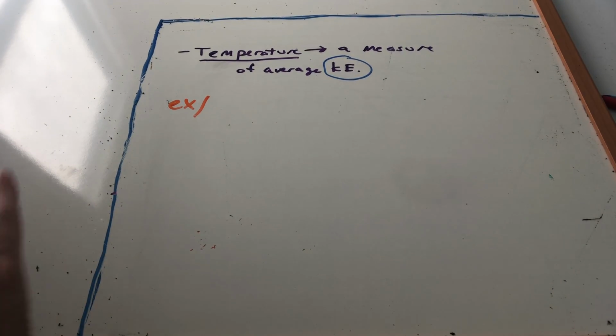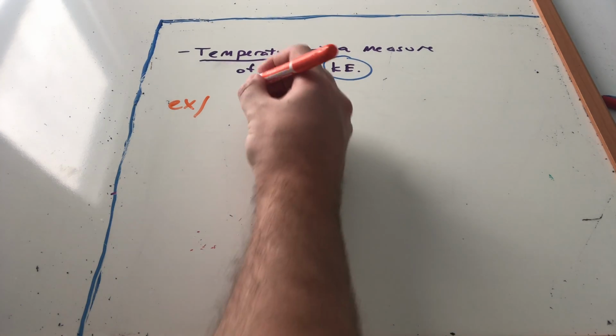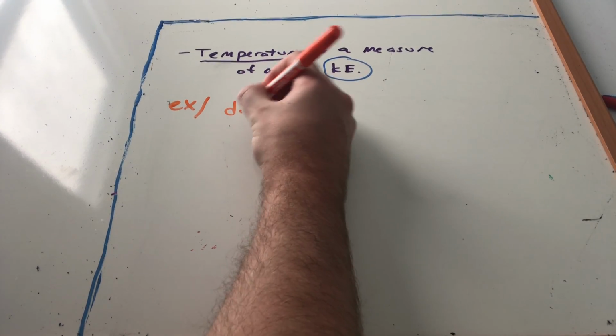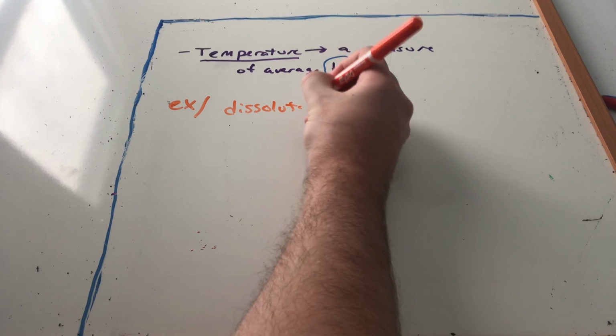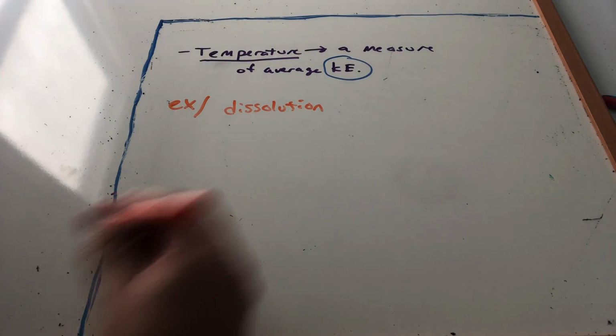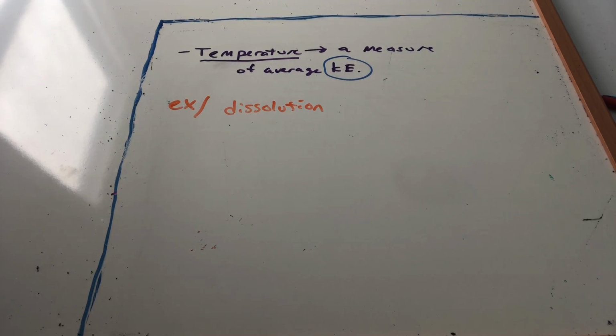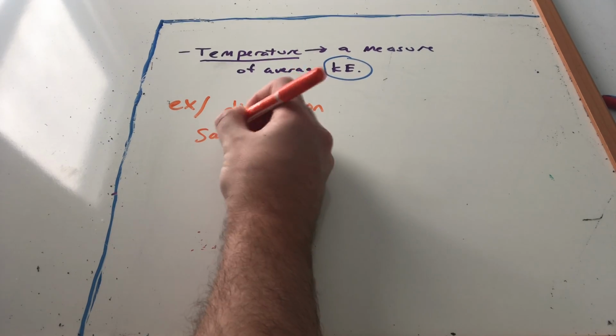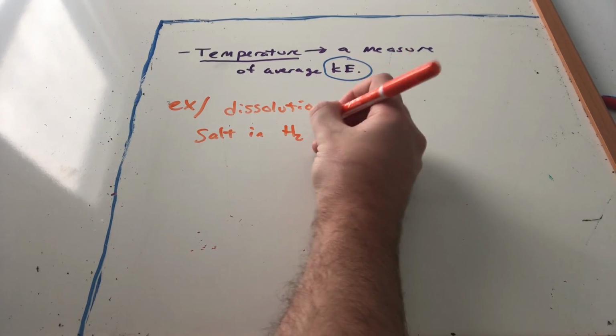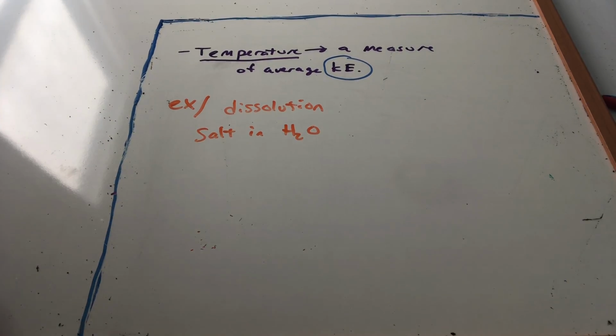Now we're not talking about a solid, liquid, and gas state, but I do want to talk about dissolution. Remember we talked about the physical change of putting salt in water. The chemical formula for water is H2O.